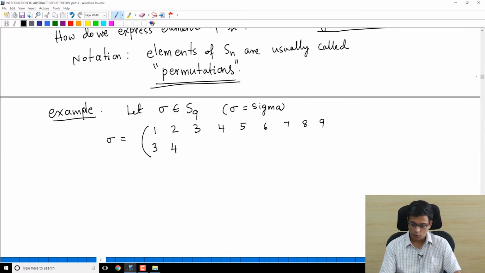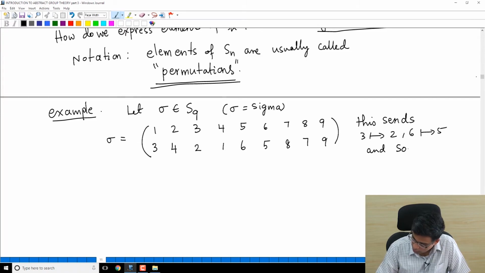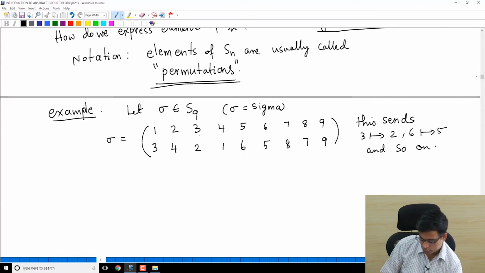So sigma maps 1 to 3, 2 to 4, 3 to 2, 4 to 1, 5 to 6, 6 to 5, 7 to 8, 8 to 7, 9 to 9. Okay, so this ends, for example, 3 to 2, 6 to 5 and so on. I hope the notation is clear. 1 goes to 3, 2 goes to 4 and so on.